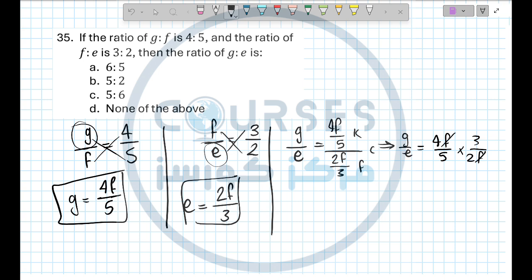F will cancel with F. 4 divided by 2 is 2, 2 divided by 2 is 1. So G over E is 2 times 3, which is 6, over 5 times 1, which is 5. So G to E equals 6 to 5, which is A.